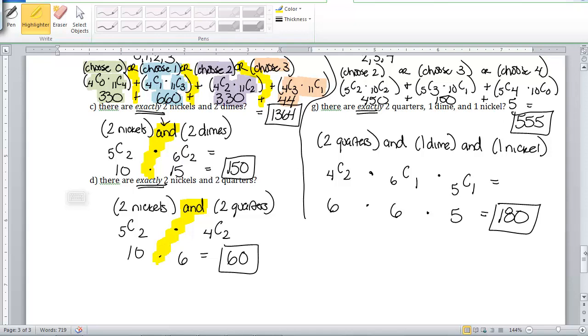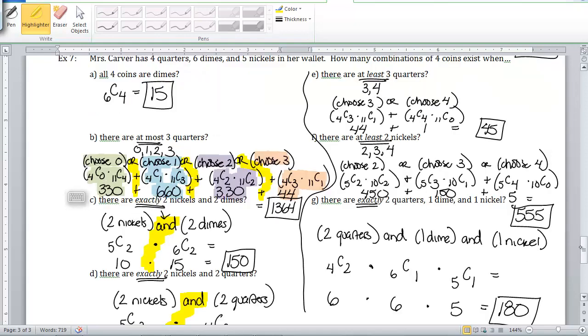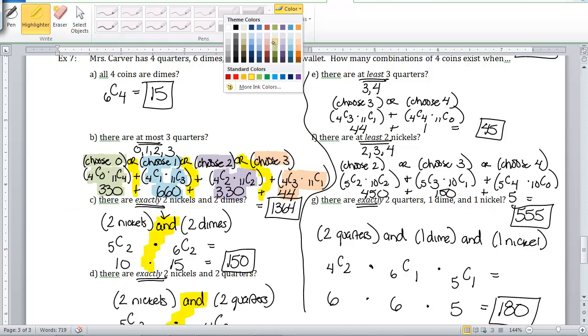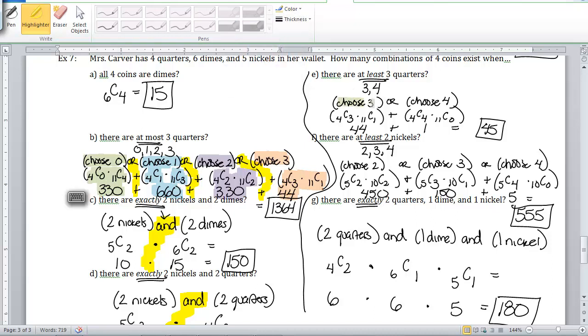That's why I'm multiplying. Now E, we get back into the at least, at most. If I have at least 3 quarters, I could have 3 quarters or 4. Not more than that, because remember, we're only choosing 4 coins each time. So if I were to choose 3 quarters, then from the 4 quarters I need 3, and from the other 11 coins I only need 1 to get a value of 44.